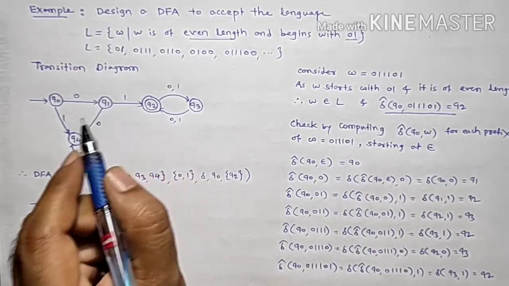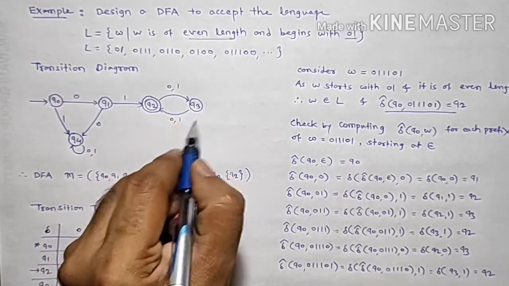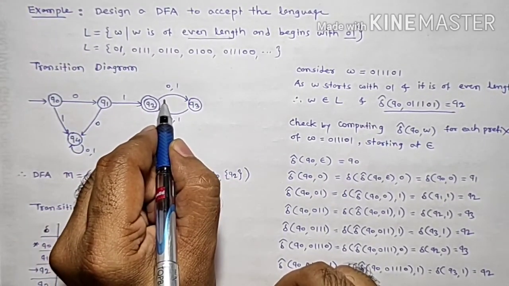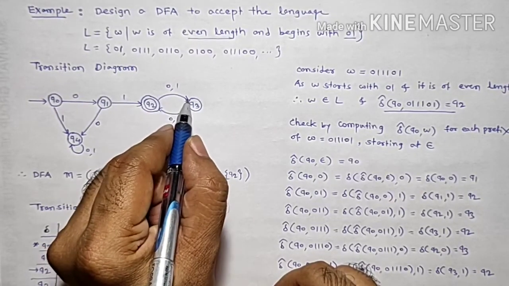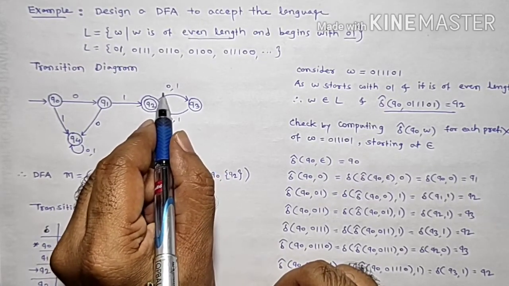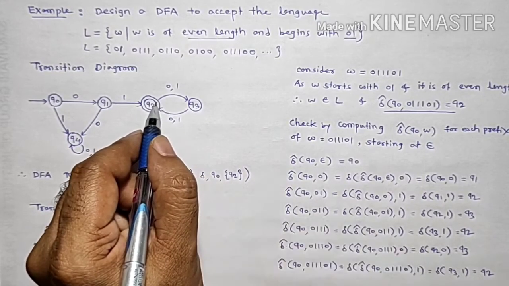That is acceptance. So after 01 we can have any combination of the remaining bits, which may be either zeros or ones, but their length is even. It may be length 2, length 4, length 6 like that, so it increases by 2.